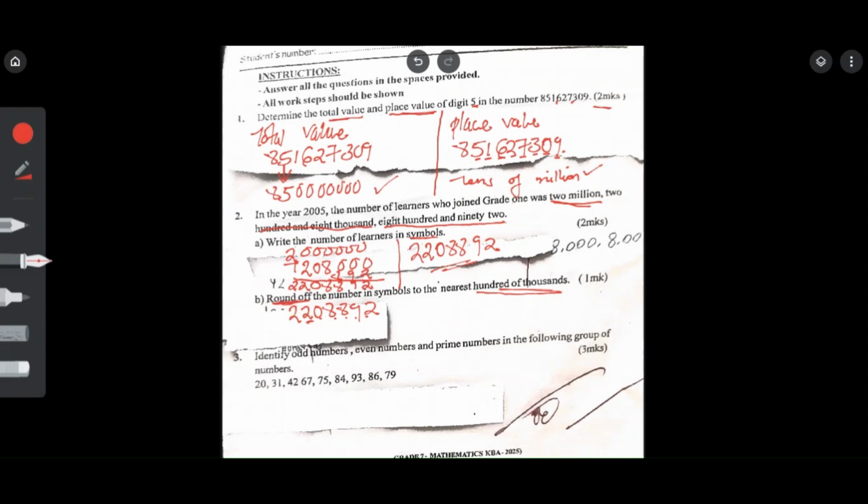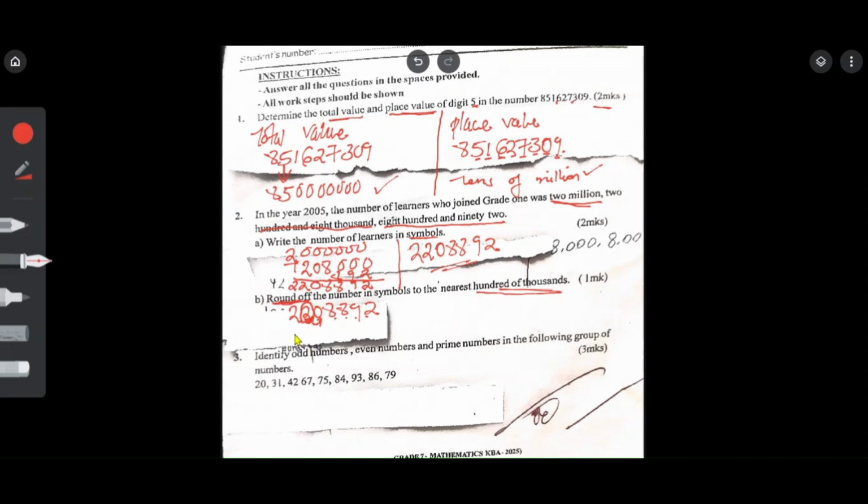Because we are rounding off, you normally check the number that is before that digit that lies in hundred of thousand. This is the number that lies in hundred of thousand, but because I'm rounding off, I have to check the number before, whether it has reached 5 and above or is less than 5. So the 0 here is less than 5. If it's less than 5, I don't add 1 here.